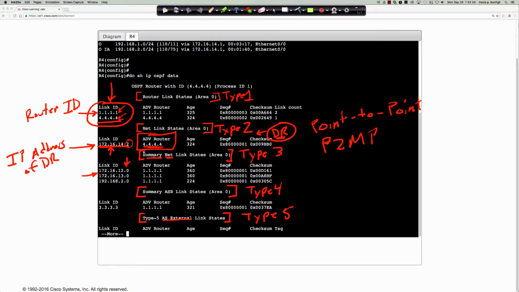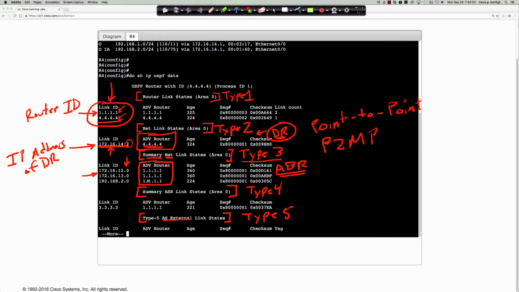So what the summary network link state is all about, this is our type 3 LSA. And what it is, it's an LSA that's generated by an area border router, the ABR. And we know router 1 is our ABR, and in fact you can confirm that right there because we can see that router 1 is generating 3 different type 3 LSAs.